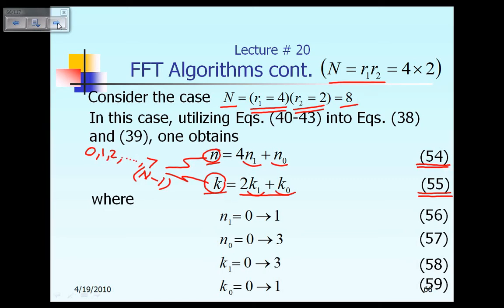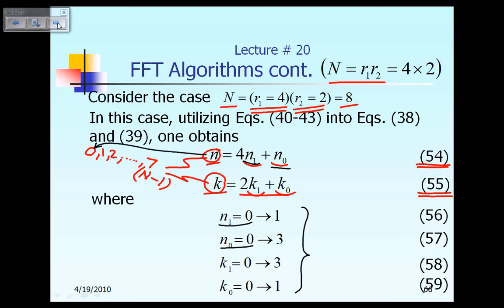The values of those indices are given as indicated in equations 56, 57, 58, and 59. Take a look, for example: if you let n0 and n1 have the smallest value, the smallest value for n0 is 0 and the smallest value for n1 is 0, and corresponding to that, the value of n will be 0.